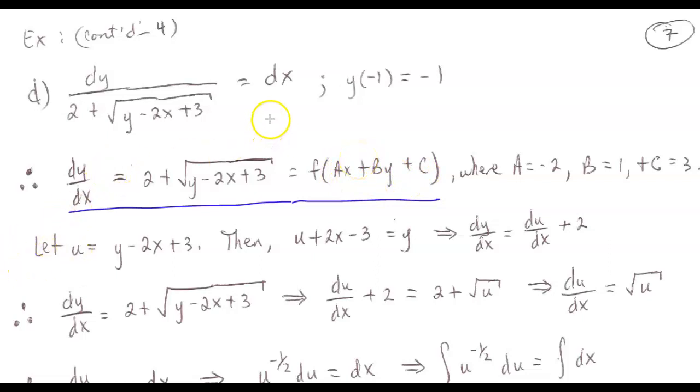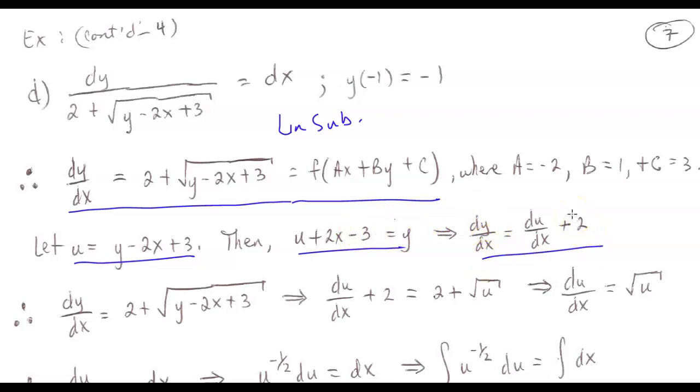So we know that we can use lin sub here, linear substitution. So we identify that u, of course, is going to be y minus 2x plus 3. Then, of course, we solve for y, adding 2x and subtracting 3 from both sides. Take the derivative of y with respect to x, and we get du over dx plus 2.